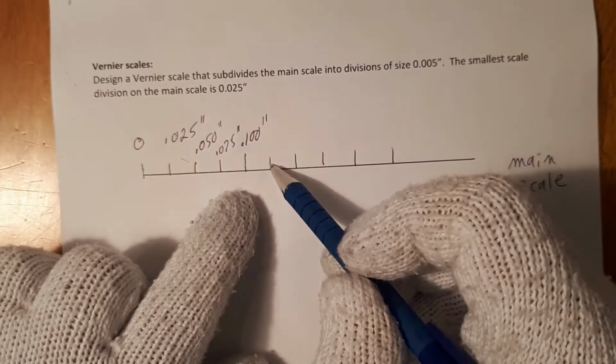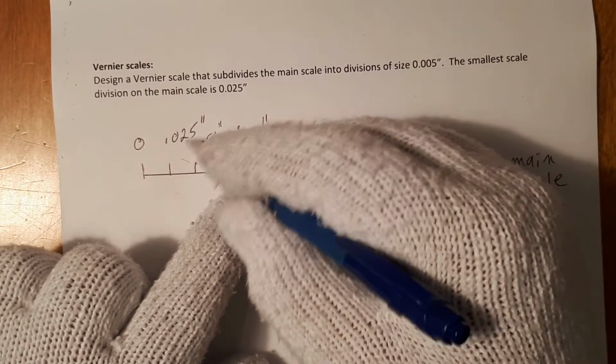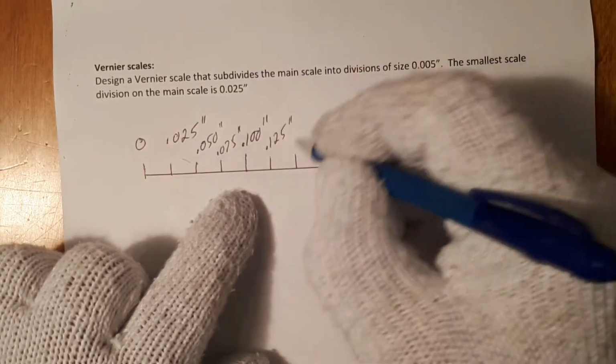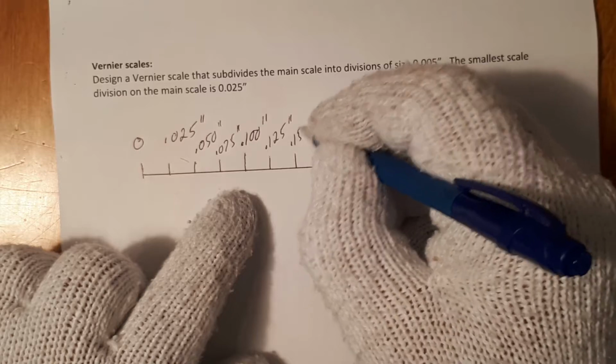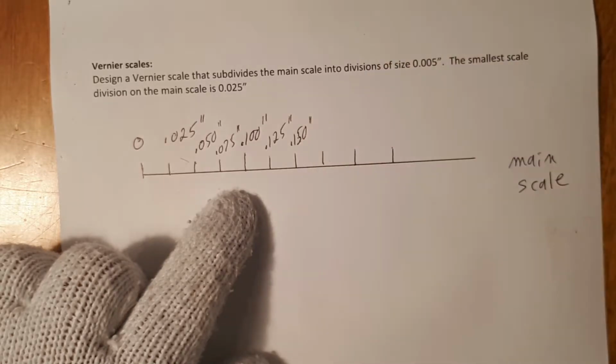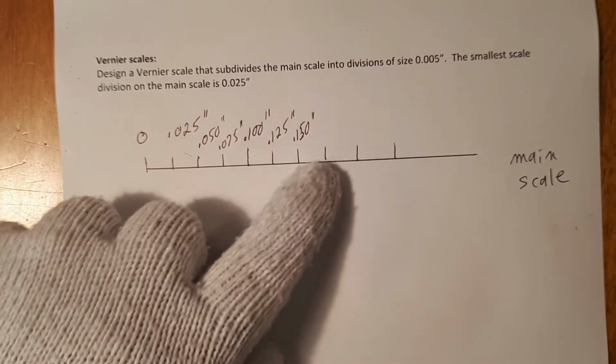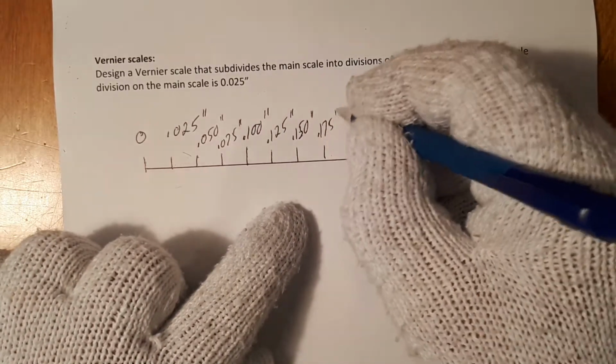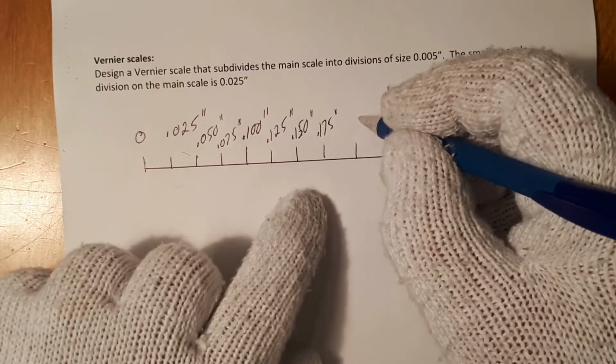Then this increment here will be 125, in increments of 25, this will be 150 thou, 175, and 200 thou.